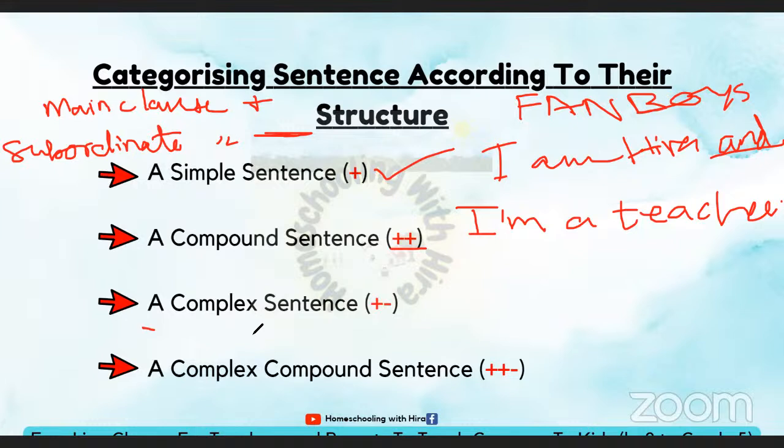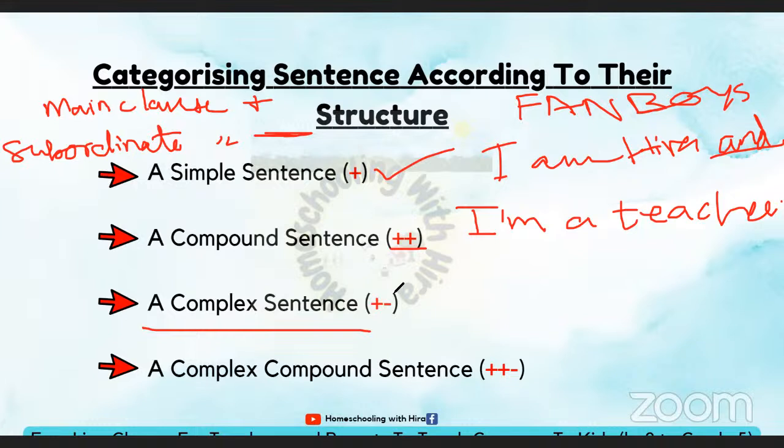Then we have a complex sentence. In a complex sentence, you can see the structure. We have a plus and a minus. So plus means a complete sentence, minus means a subordinate clause kind of thing, right? A dependent sentence.